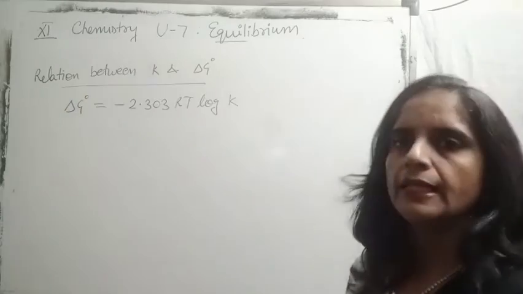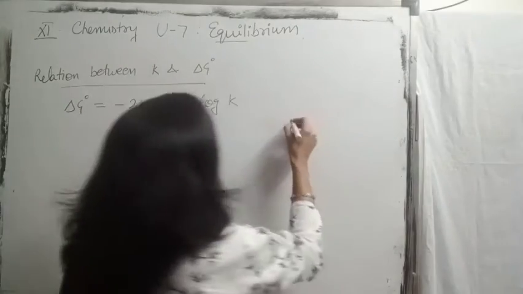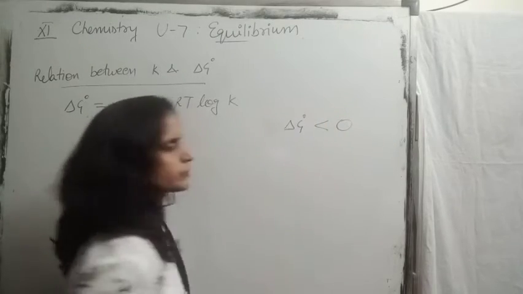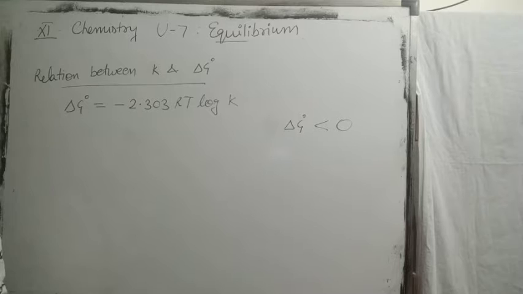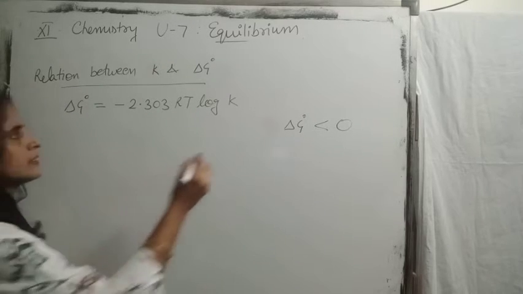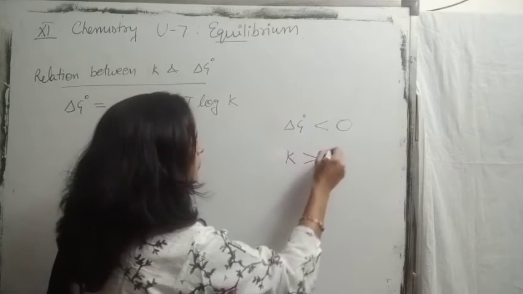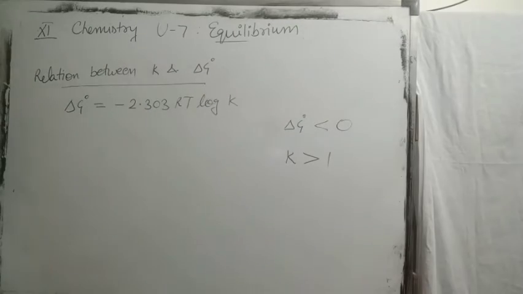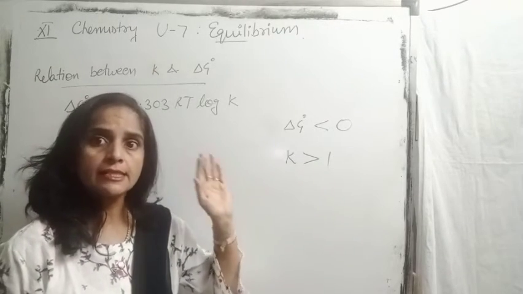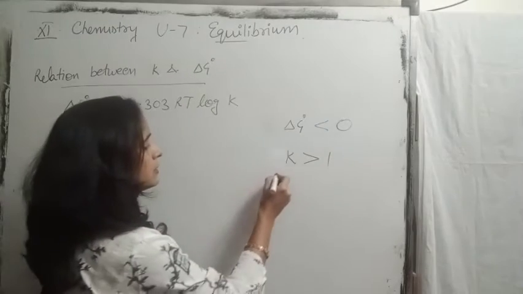How? If the value of delta G naught, the Gibbs free energy change, is less than 0, it means the equilibrium constant K would be more than 1. And K more than 1 means products predominate over reactants, and it's a spontaneous reaction.